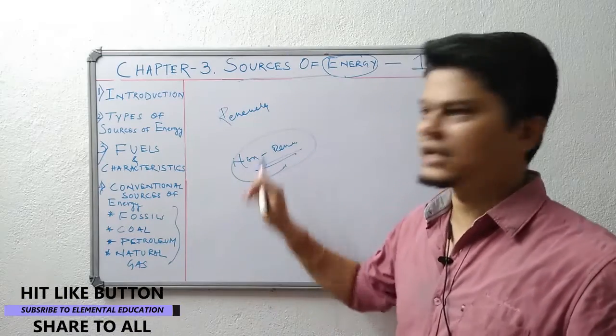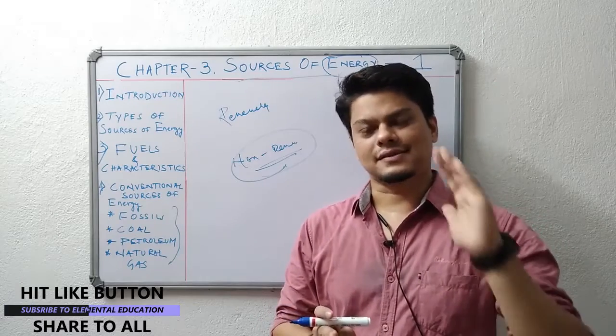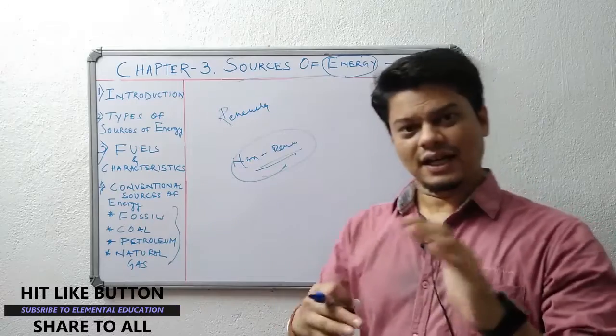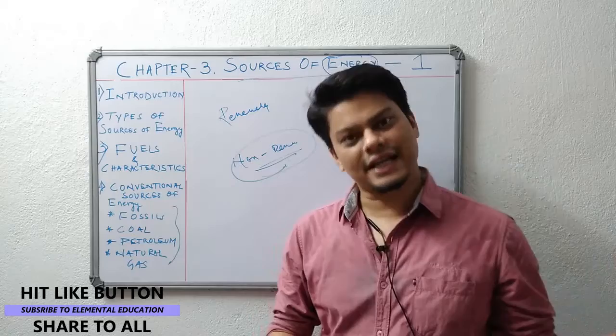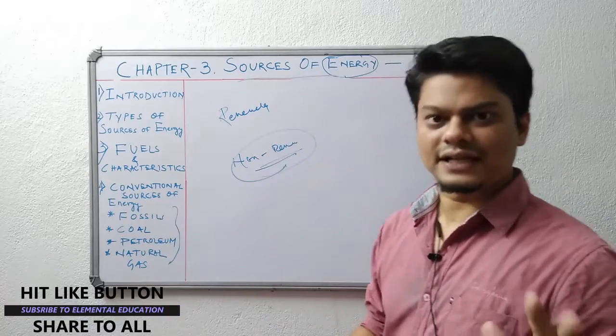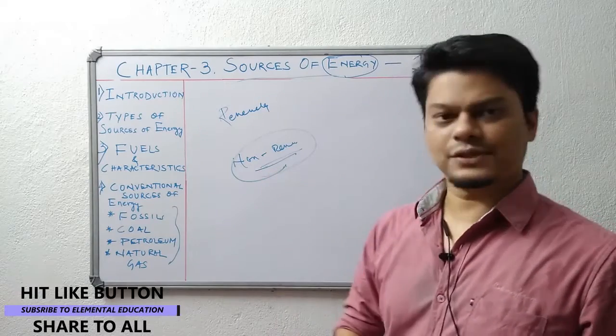So these are non-renewable. It cannot be created. Then how will they be created? If there is such a condition after a long time, then again some plants and animals will get buried, and it will take millions of years again for it to form so that we can use it. Now we know what is a non-renewable source of energy.